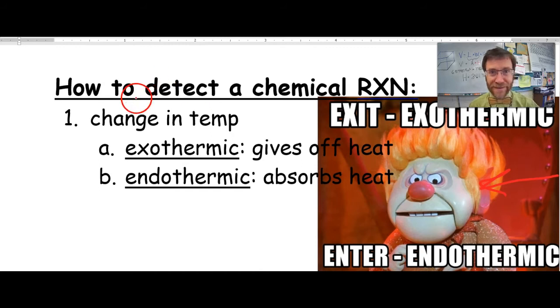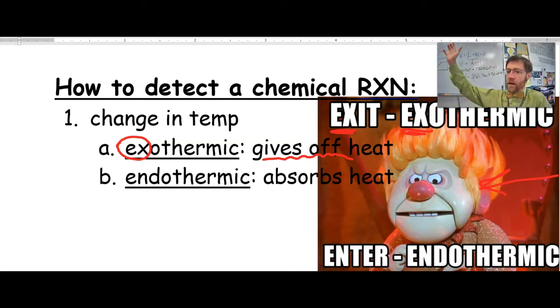So we have words. Exothermic means it's giving off heat, right? Because exit means exothermic. If Mr. Heat Miser is leaving, if he goes out of the chemical reaction, it is exiting, and that is exothermic. Got it? Now the other one is endothermic, right?